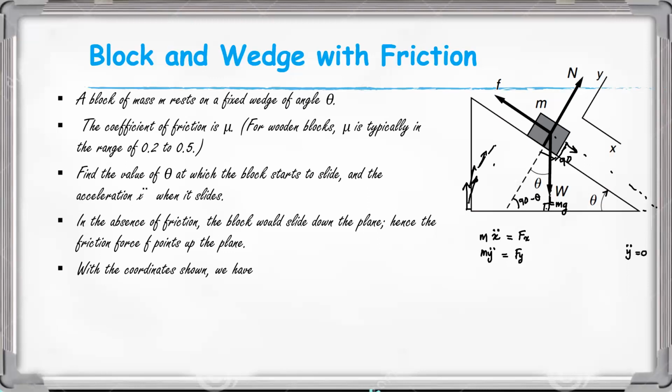Then 90 plus theta, then it must be 90 minus theta, or is this 90, then it is 180 minus theta, 180 minus theta, then it must be theta to become the total angle 180.